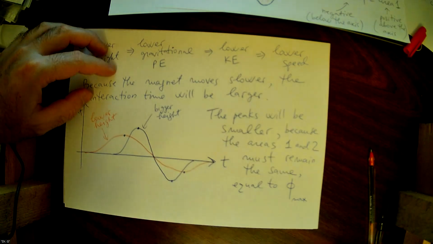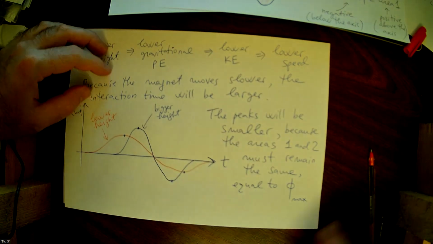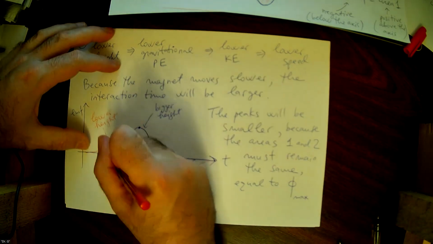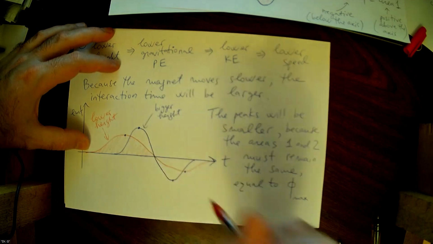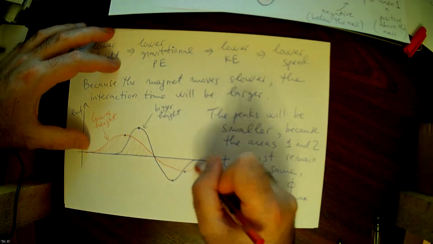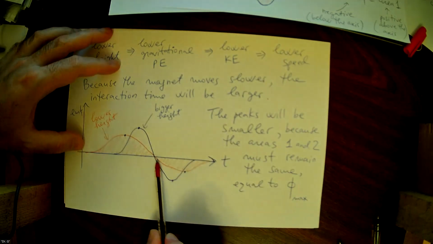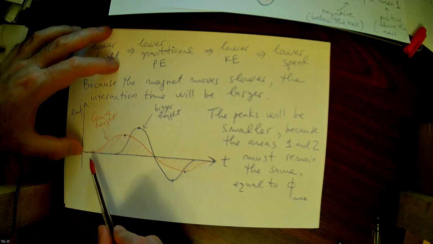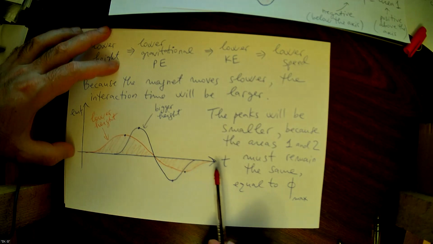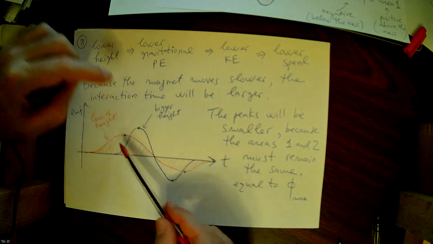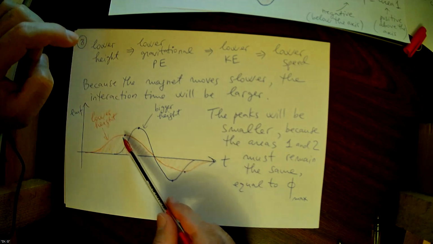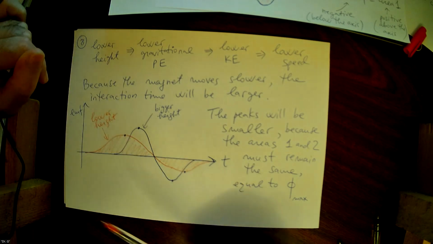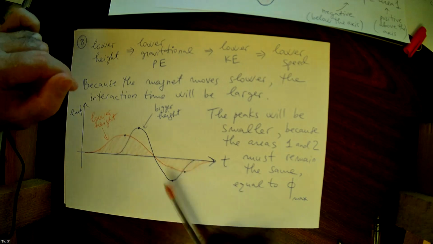So the areas are still equal to the same number, but because the interaction time is bigger, the graph is wider, but also the peaks are smaller, yeah, to make sure that the areas stay the same.